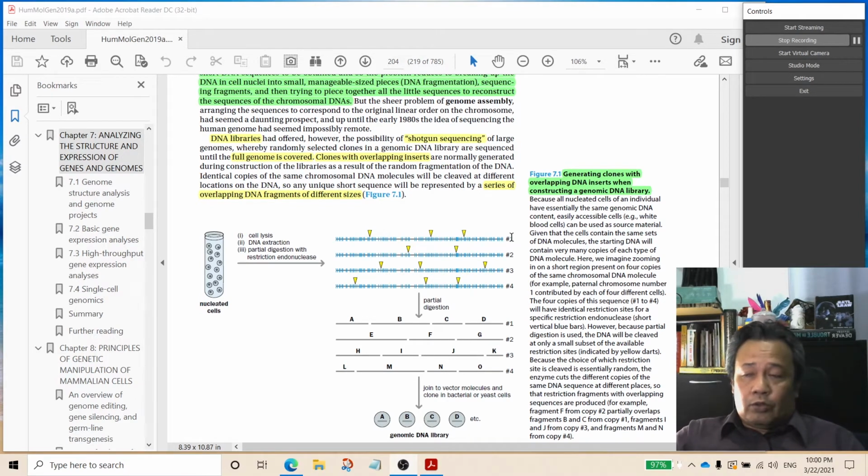Of course, what you need to do then, if you look at the figures, is chop this up first, sequence it, and then piece them back together again. It won't be much of a problem with bacterial DNA, because you only have one chromosome. But with human DNA, you have 23 pairs of chromosomes.